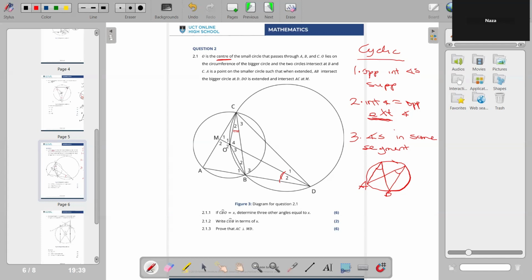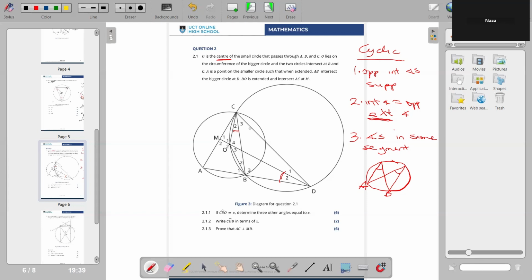What else? We know that angle C3 and angle O3 are also equal.